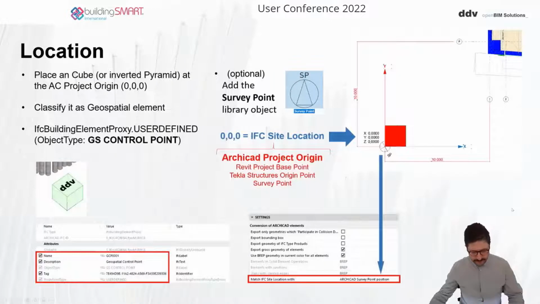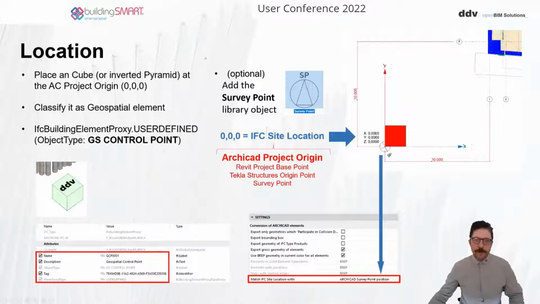Another important step when we are creating and exchanging information based on IFC is the location of our modeled objects, right? And in this case, probably a building.